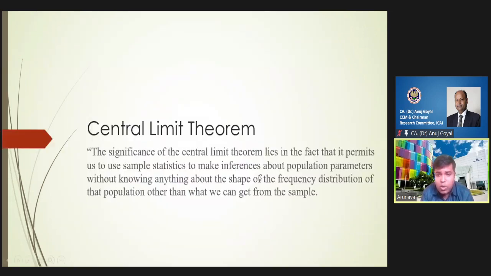So the central limit theorem is also telling the same thing regarding our analysis, that it uses sample statistics to make inferences about the population parameters. We always call the mean and standard deviation of a population parameters, and for the sample we call them statistics. So the sample statistics help us make inferences about the population parameters without knowing anything about the shape of the frequency distribution of the population, other than what we can get from the sample.